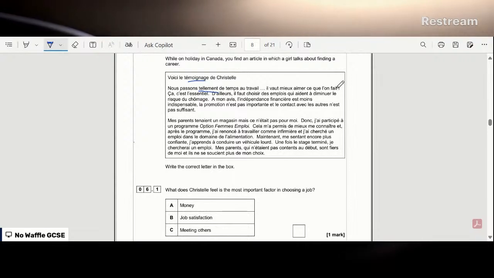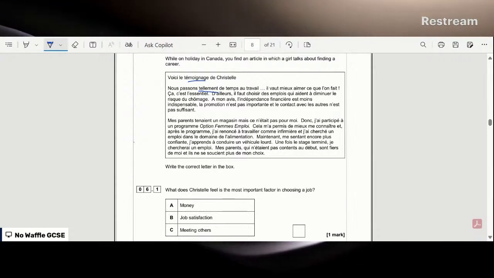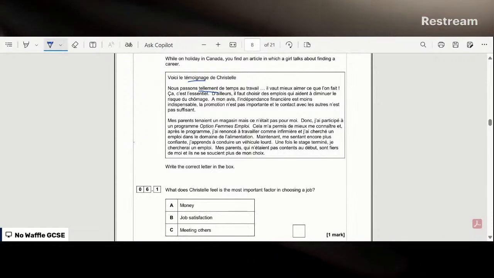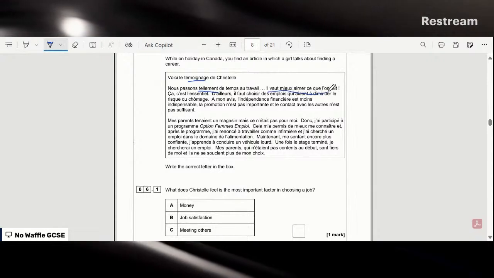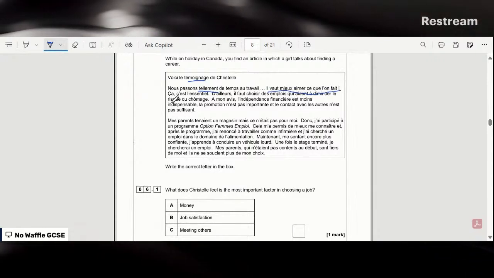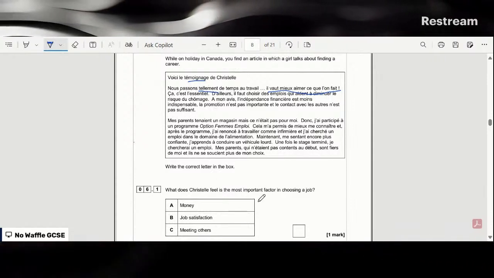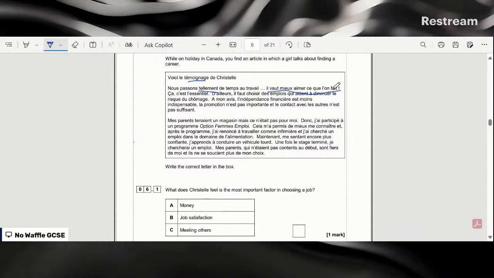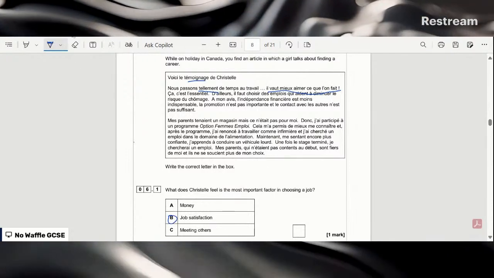Il vaut mieux aimer ce que l'on fait. So is that saying that one had better like what they're doing? Ça, c'est l'essentiel. So that is the essential part. So it seems like she's putting emphasis on this, and therefore liking your job, that is job satisfaction.